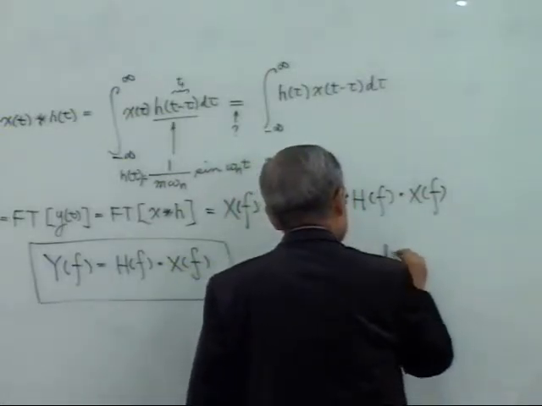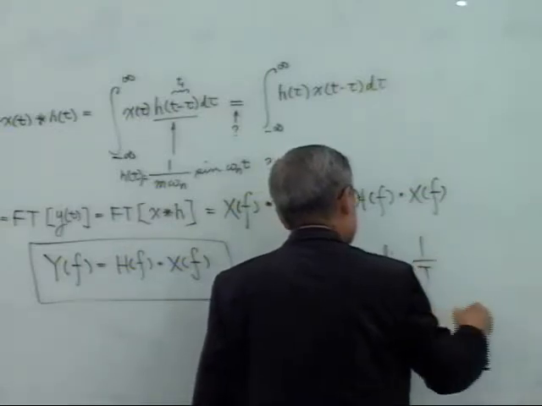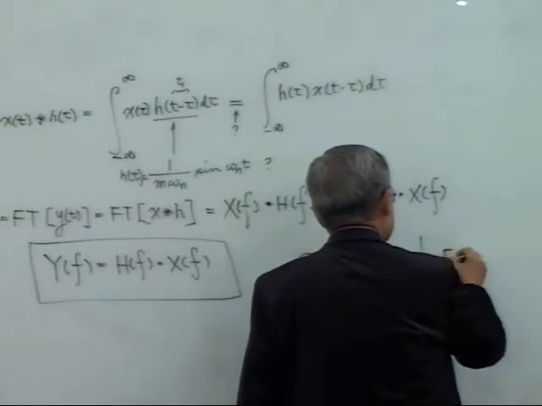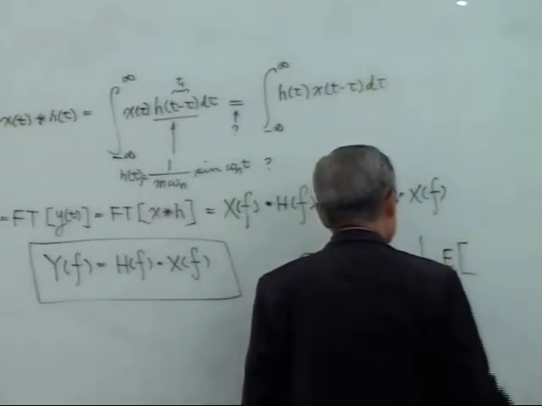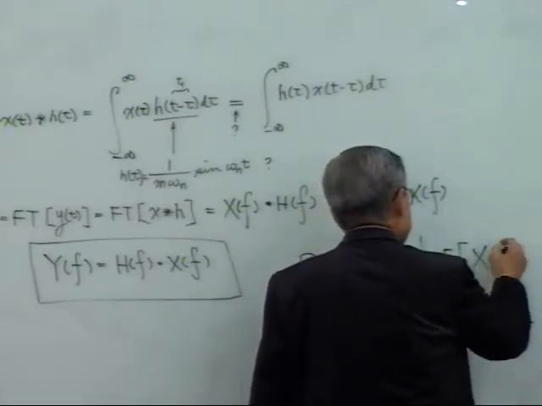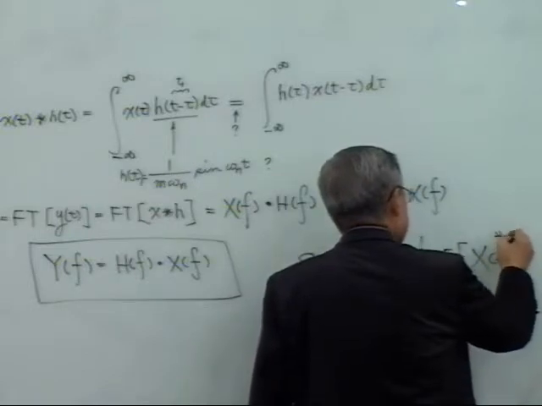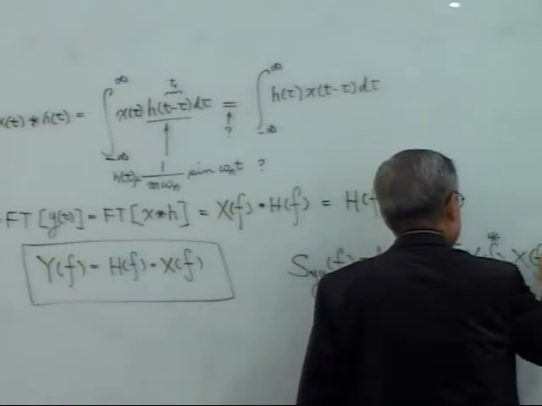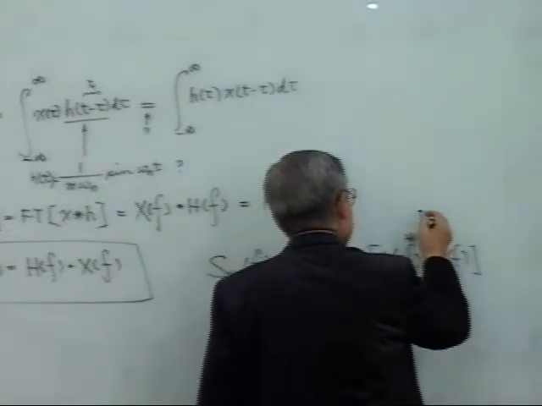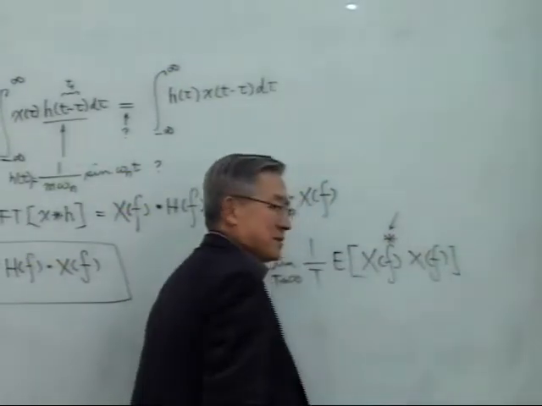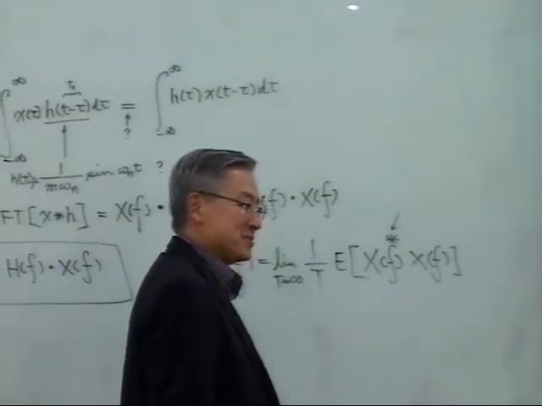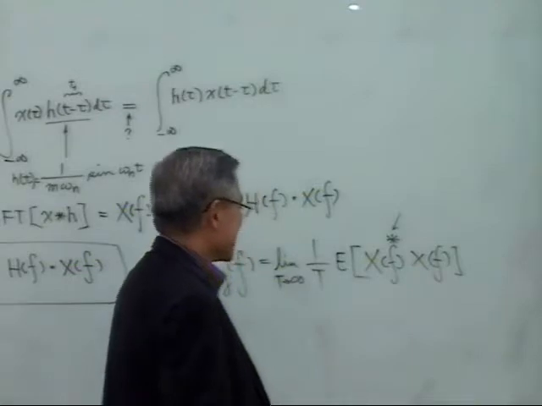This is a limit, T goes to infinity, 1 over T, of Y(f) times Y conjugate(f). Careful, this is a conjugate. I warned you from the beginning.